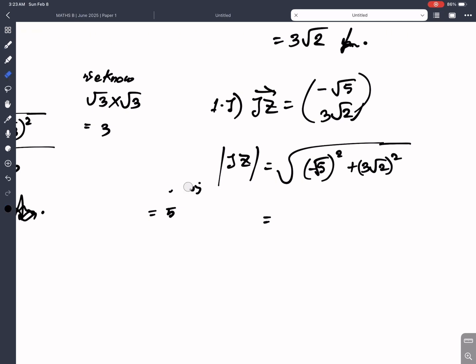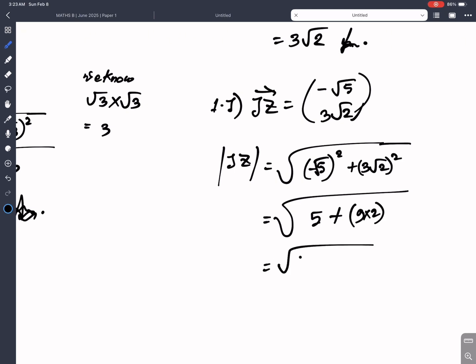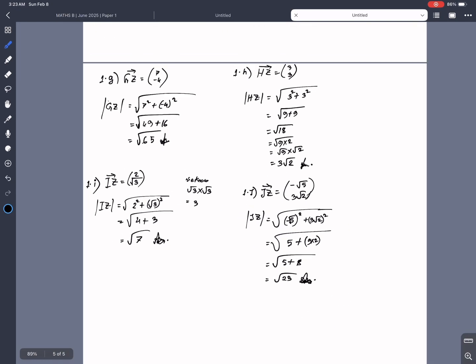Plus 3 square is 9 and root 2 square is just 2, so 5 plus 18, which is root 23, and this is the answer.